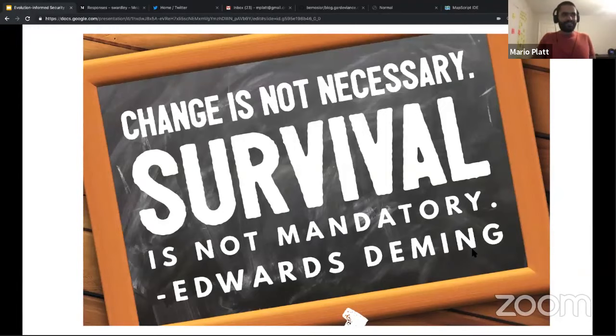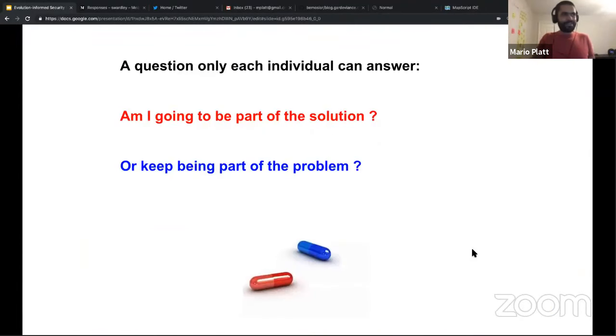So change is not necessary for survival, but we want to be here. And each of us can either keep on hanging on to our old ways of doing things, or we can understand that it's not that our knowledge is inadequate, it's that the components have evolved, practices have evolved, and our security practice needs to co-evolve with it.